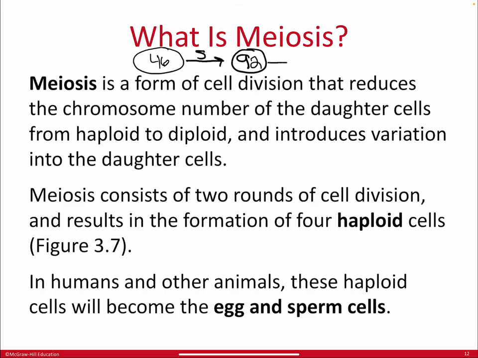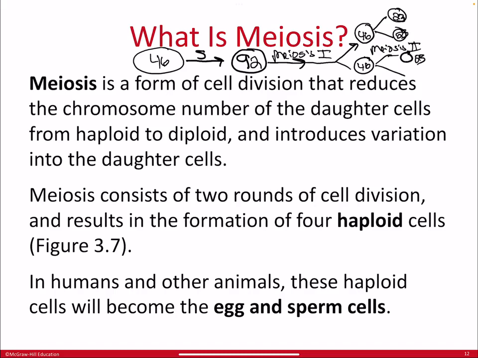This cell that has 92 will go through one stage of meiosis, and it will produce two cells with 46. This cell will then divide again in meiosis part 2, and you'll end up with 4 cells that have 23 apiece.